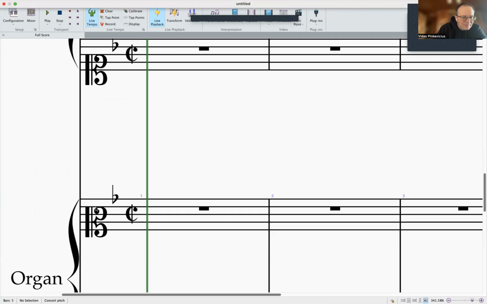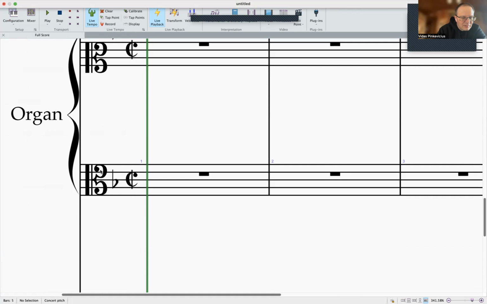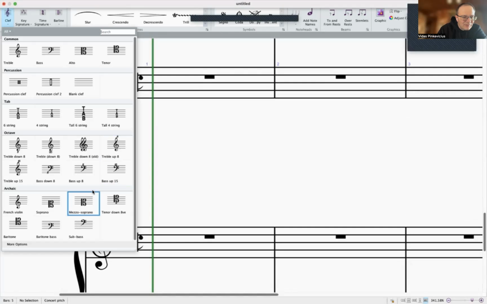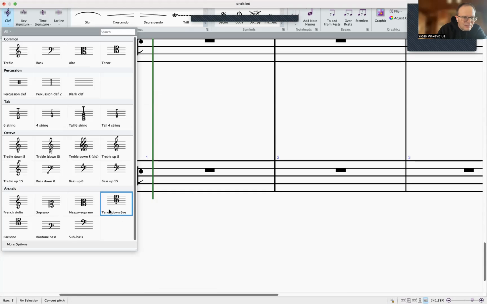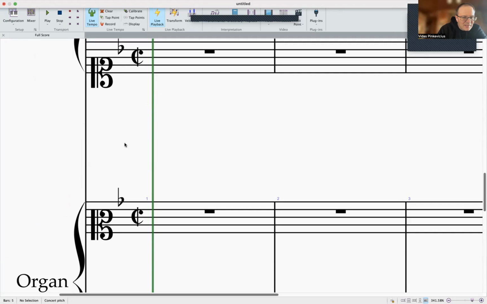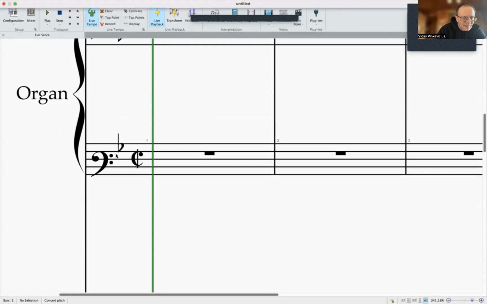Then mezzo-soprano on the second line. Alto, where is alto? Right here. And then on the fourth line, tenor clef. And on the fifth line, baritone clef, same as this baritone clef.